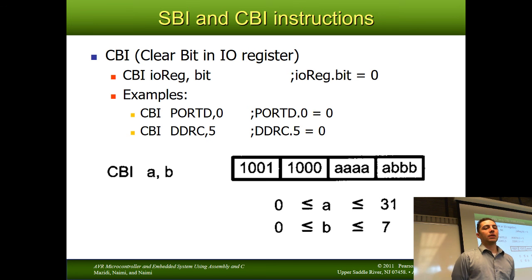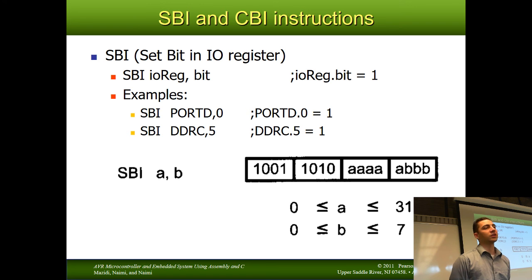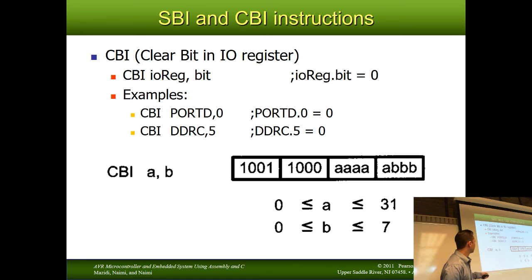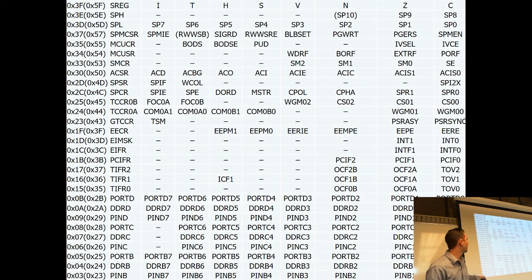Okay. Now, there are some limitations on these two instructions. They don't just work anywhere in I/O space. They only work for the first part of the I/O space. Specifically, they don't even work that far. 5 bits, 2 to the 5 is 32. Works for the first 32, which I think gets us up there.